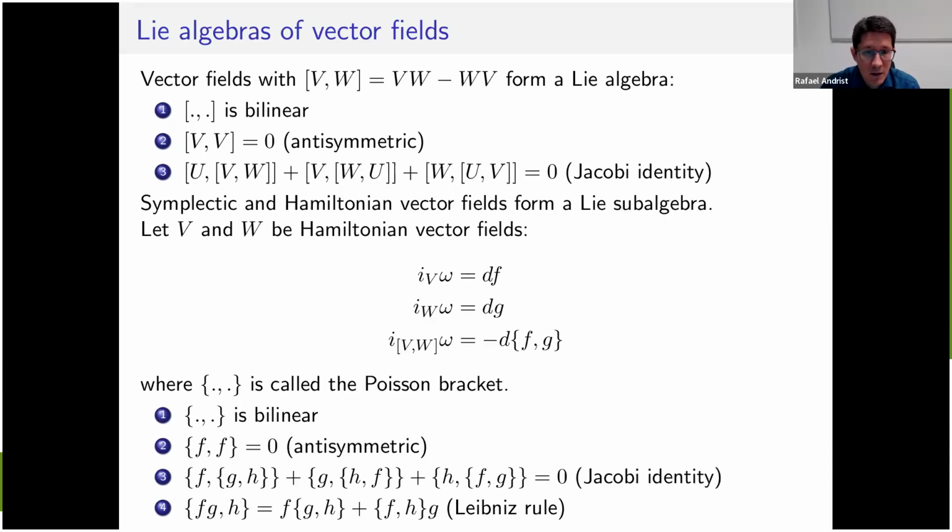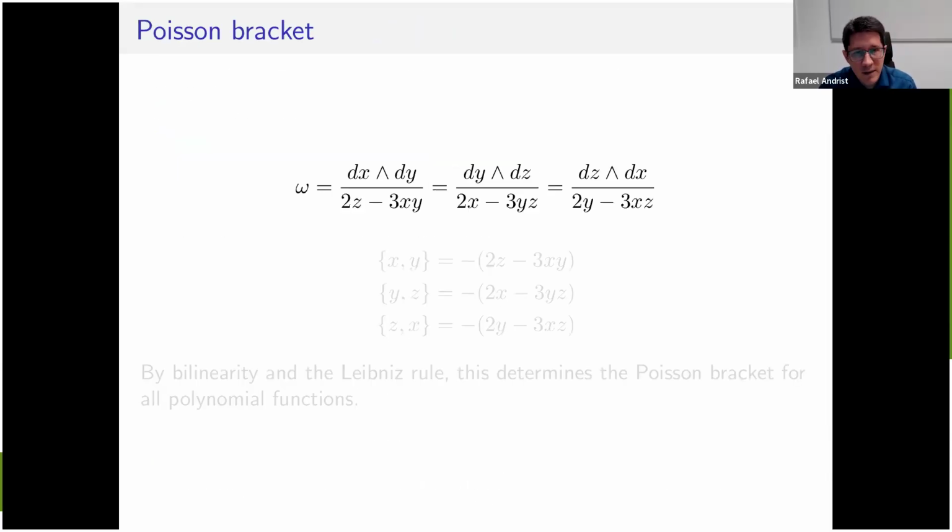Okay, now why would we even care about the Lie algebra structure? What does this have to do with automorphisms? Well, that will be the next slide. First, I have to tell you how to compute the Poisson bracket. And there is, again, a general rule to do this.